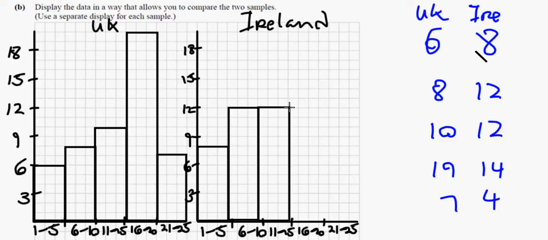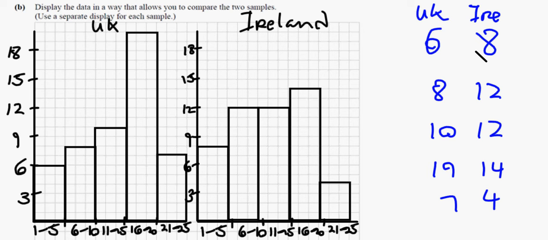And then 14 for the next one, which is 16 to 20. And then 4 for the last one, which is 21 to 25. So that'll give us the 4, which should be here. So you can see that these are two histograms of the data.